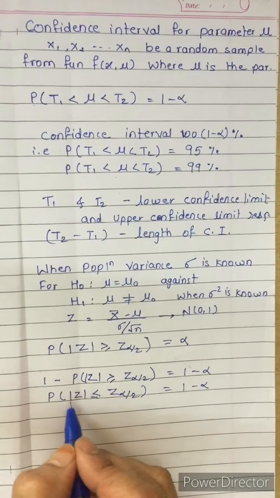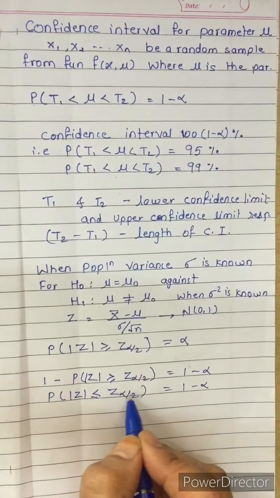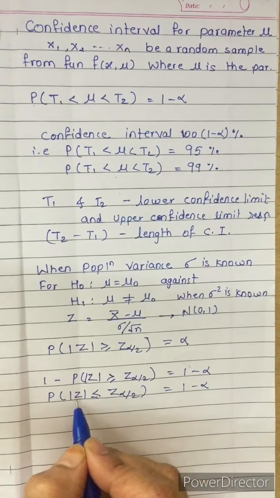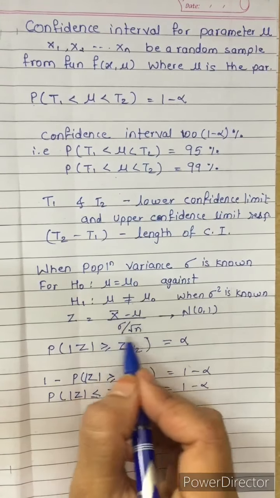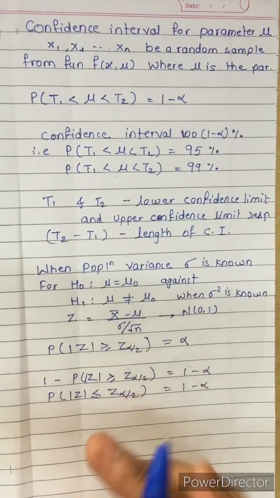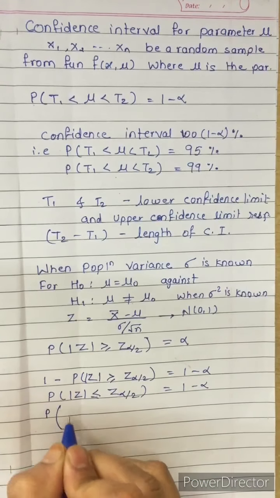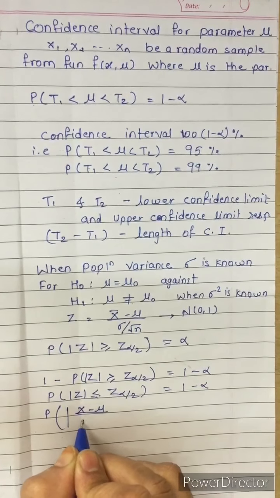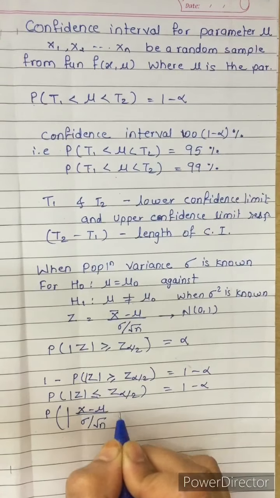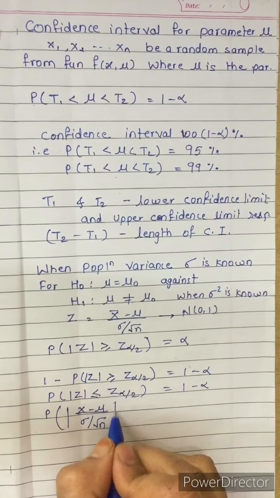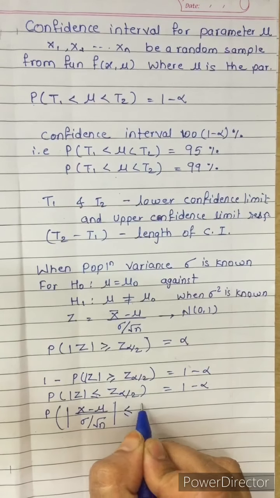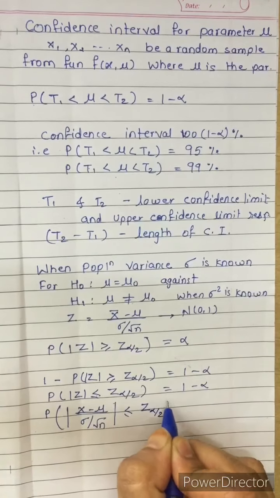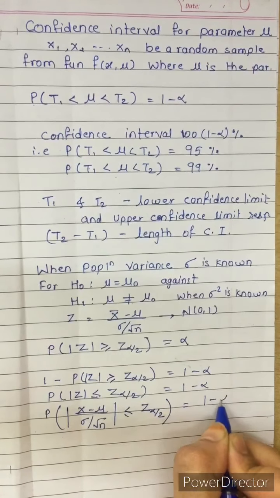Now this z alpha by 2 is the tabulated value, okay, and this z is our formula. So we put the formula here. Probability mod of x bar minus mu upon sigma by root n less or equal to z alpha by 2 is equal to 1 minus alpha.